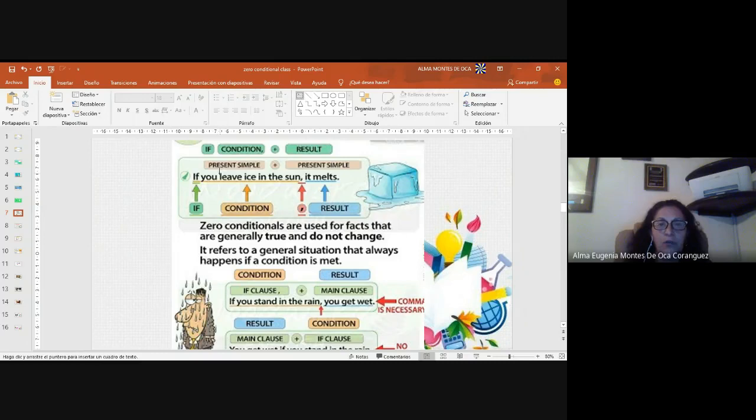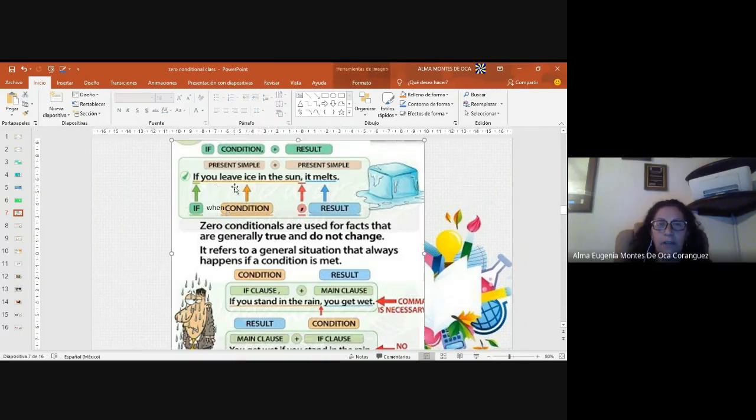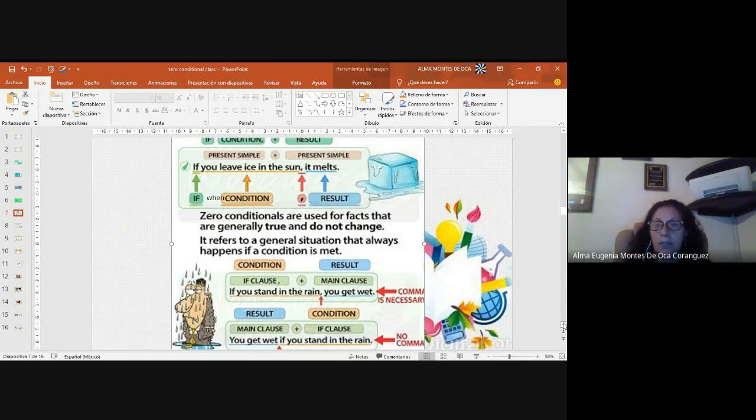The condition, you leave ice cream in the sun, and the result, it melts. Zero conditional is used for facts that are generally true and don't change. It refers to a general situation that always happens if a condition is met.